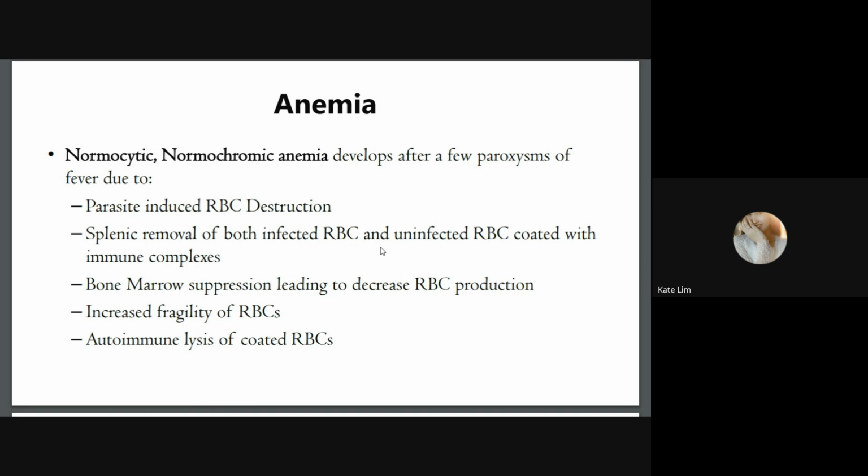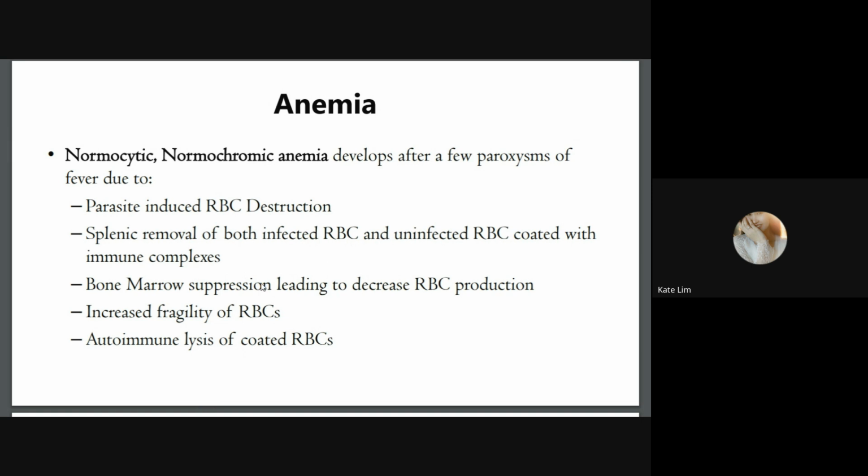Okay? So the next factor here is the bone marrow suppression. What is the bone marrow? What is the purpose of our bone marrow? It is where the red blood cells are produced. The bone marrow can be suppressed by the parasite.